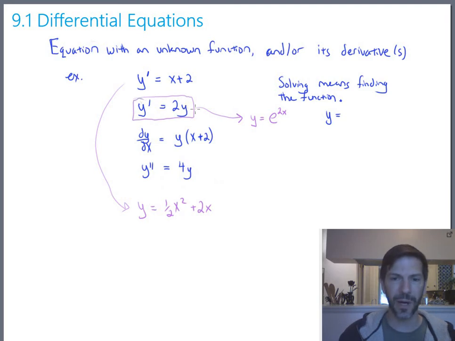So come back to the original differential equation. Anywhere you see a y, fill in e to the 2x. And anywhere you see a y prime, fill in, what is y prime? Let's figure that out. What is the derivative of e to the 2x? It's 2e to the 2x. So let's just plug in our answer to the original equation and see if it actually works.